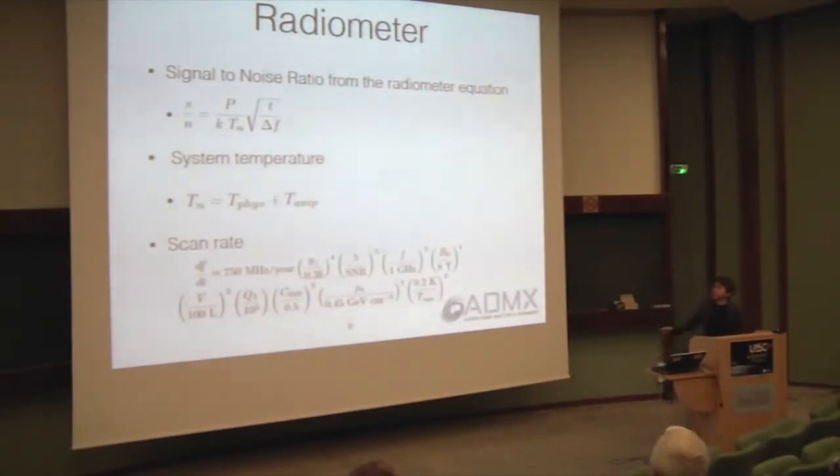And there's a bit of an optimization coming from here in that if we integrate for too long, we could not scan frequency space in an effective way. But by having a very low system temperature, a strong magnet, in a sense optimizing our experiment parameters, we can actually scan through frequency space at a realistic rate.